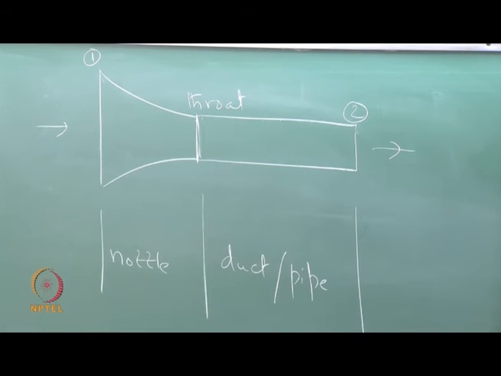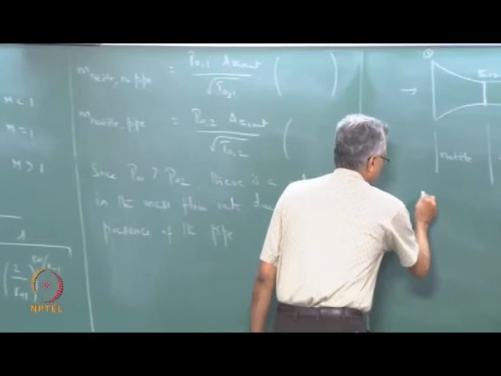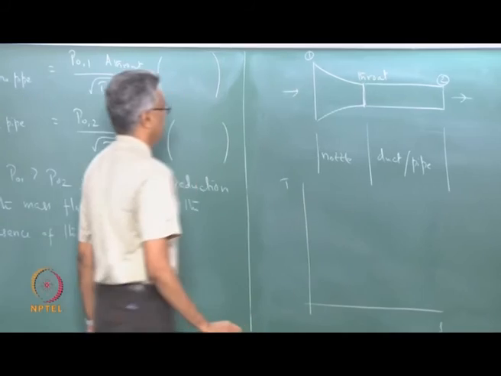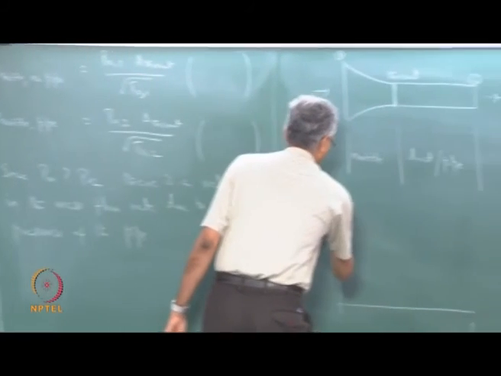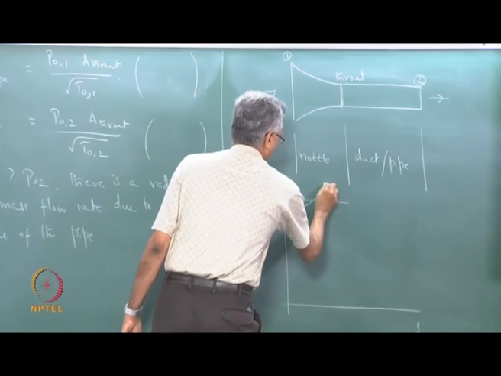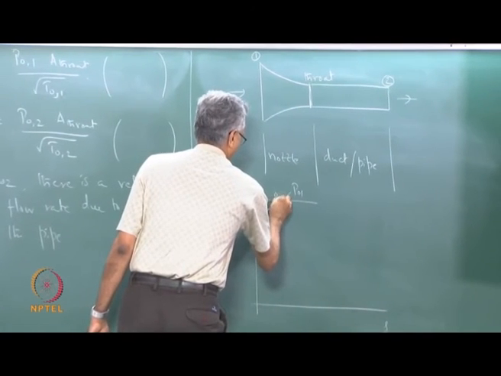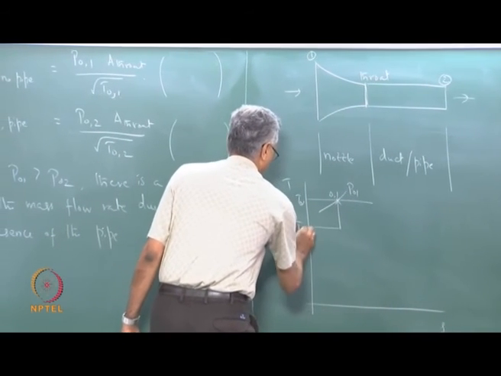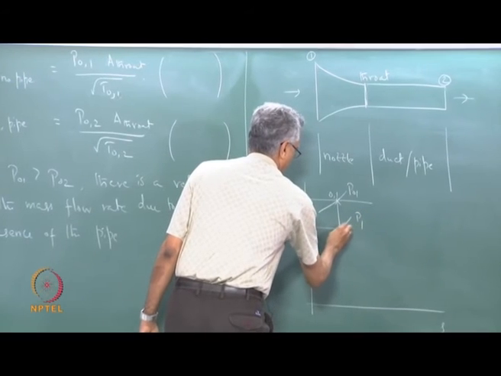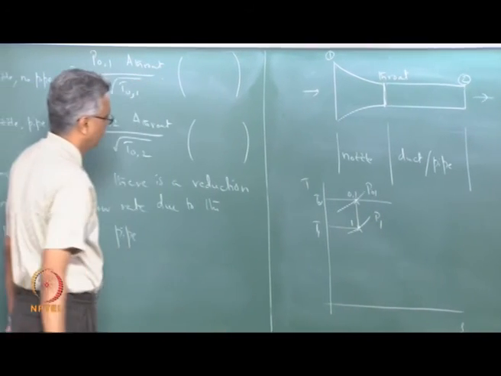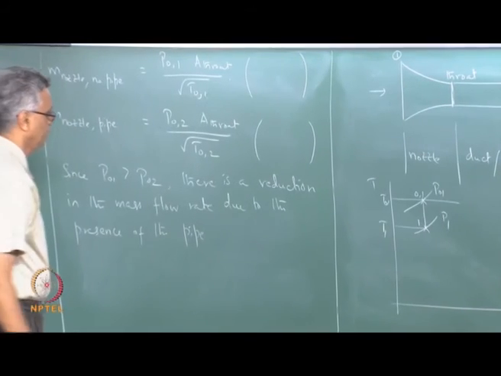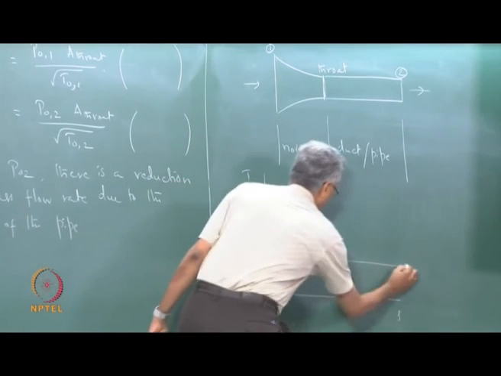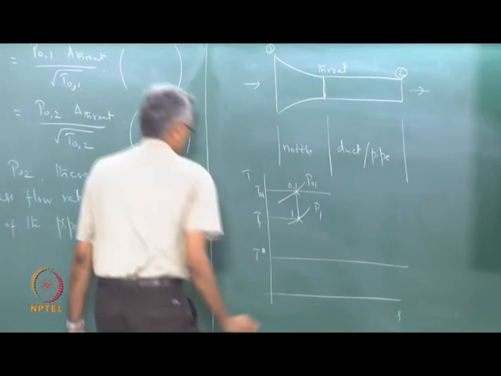So, if I sketch the process curve for this situation, then the TS diagram would look like this. So, this is state 1 and this is T01 and let us say this is T star corresponding to T01.